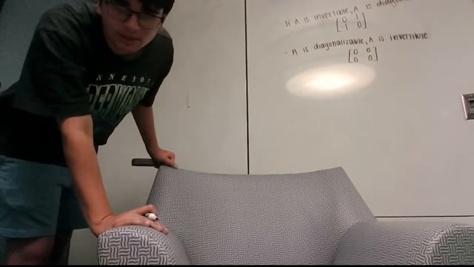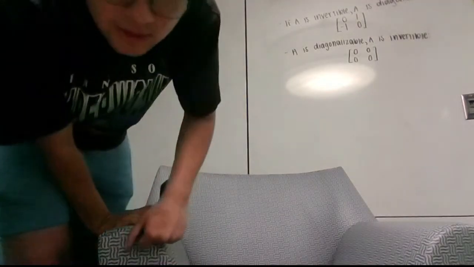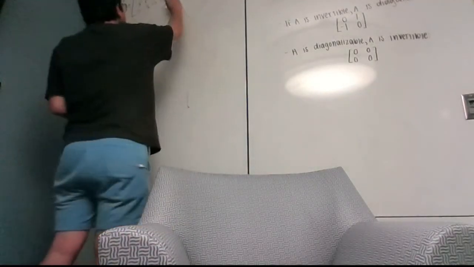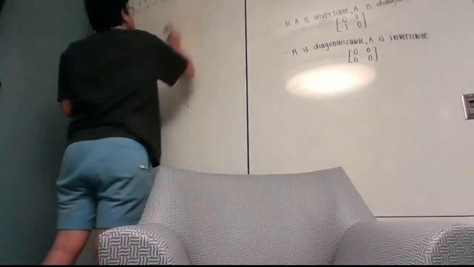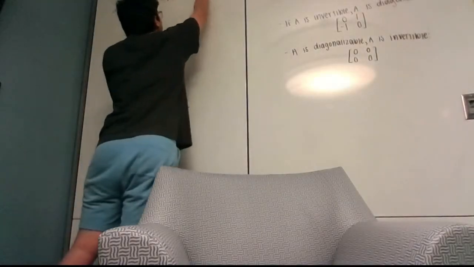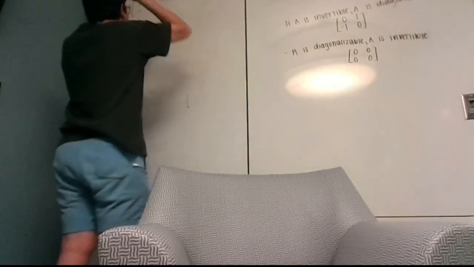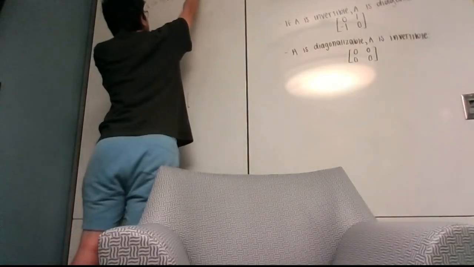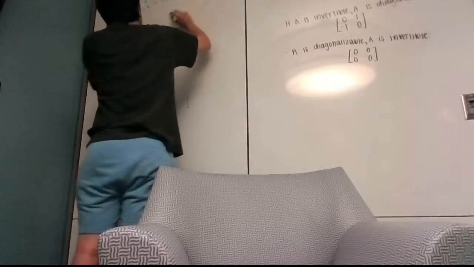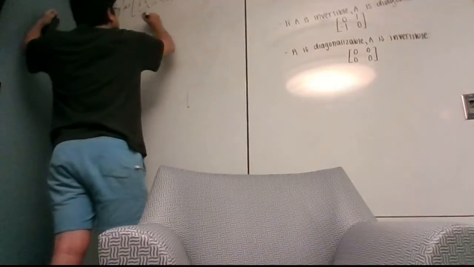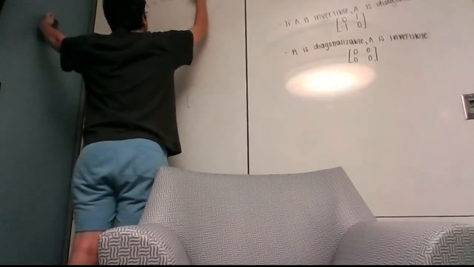R2 minus 5R1. So that should yield... you're subtracting that 2 minus 1, 0, 0.